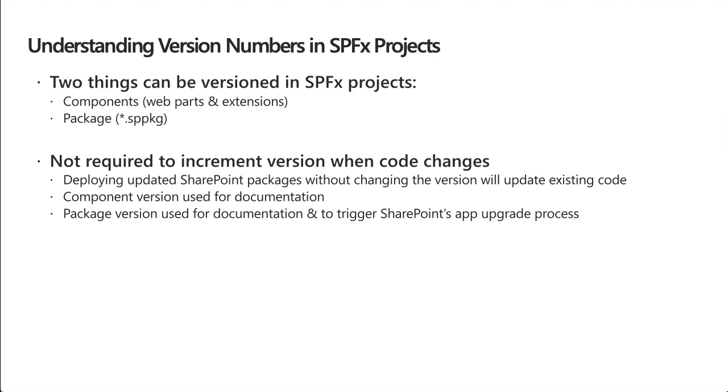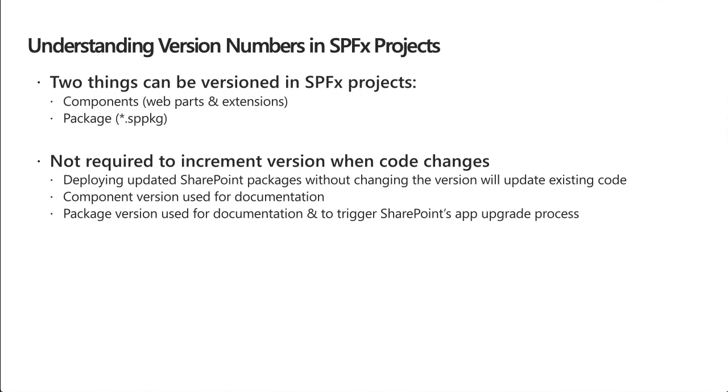Deploying updated SharePoint packages without changing the version numbers will still update the existing code no matter what. The component version is used just for documentation. The package version is used for documentation and to trigger the SharePoint app upgrade process.